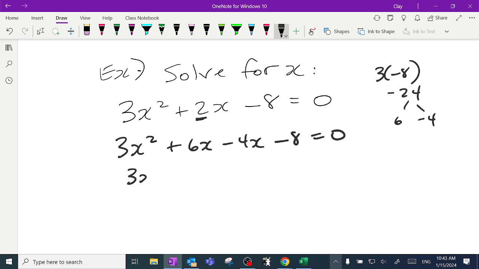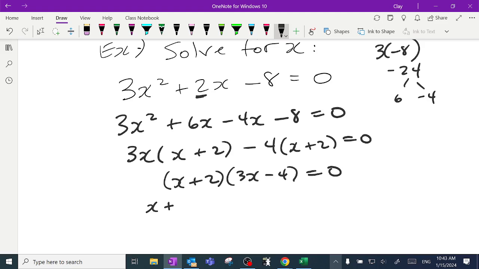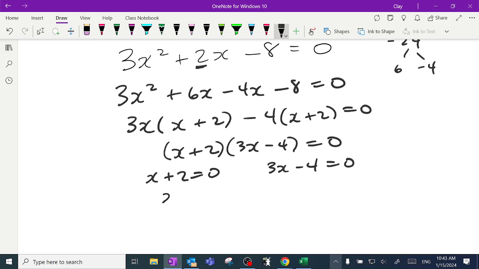And then I factor out a 3, and I factor out a -4, and then I factor out an x + 2. And then x + 2 is equal to 0, or 3x - 4 is equal to 0. So x equals -2, or 3x equals 4, so x equals 4/3. There's the two solutions to that one.